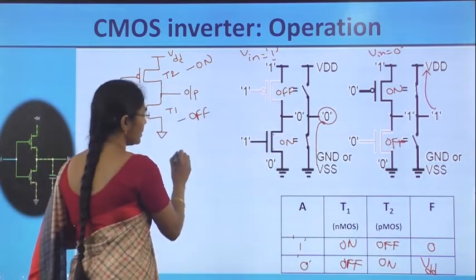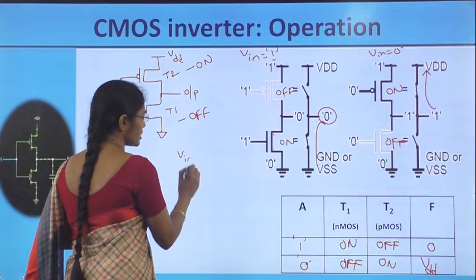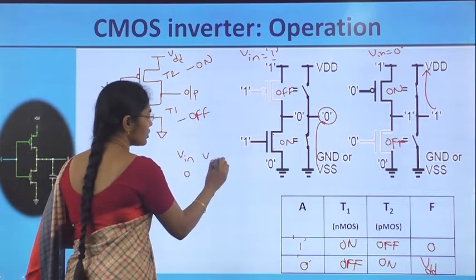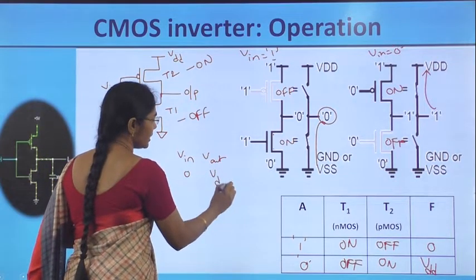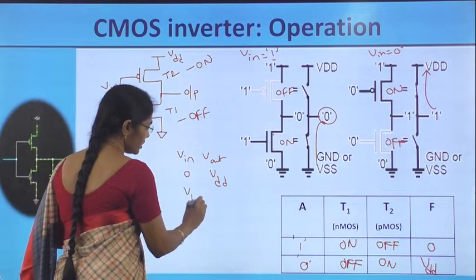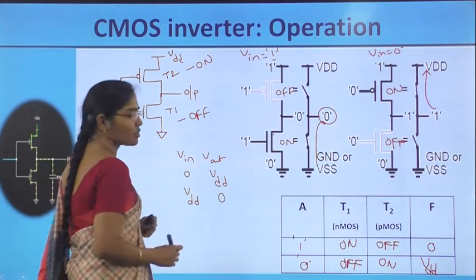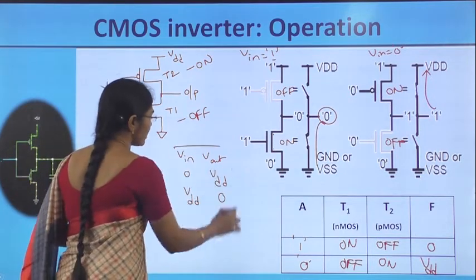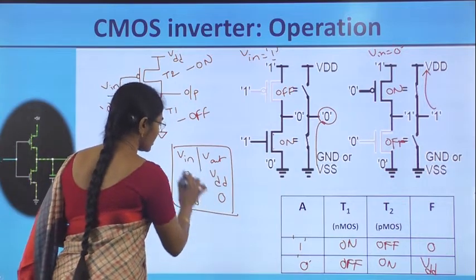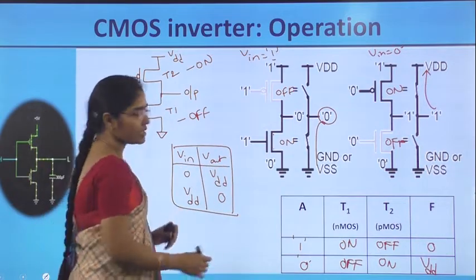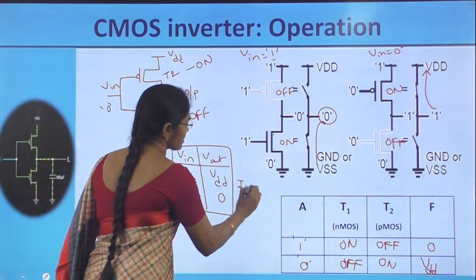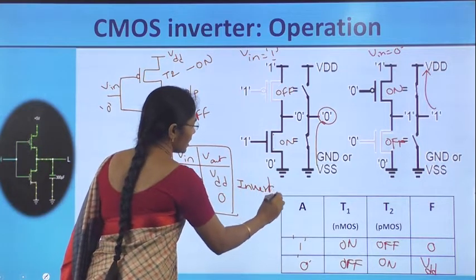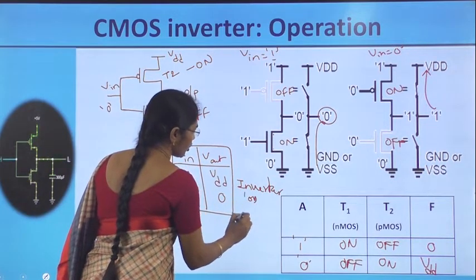Therefore, when Vin is equal to logic 0, Vout is VDD. And when Vin is equal to VDD, it is producing output as logic 0. So, based on this truth table, we can tell this is used as inverter or simply NOT gate.